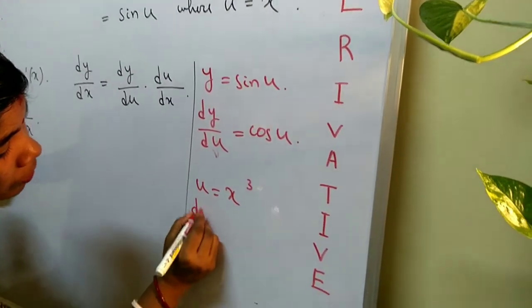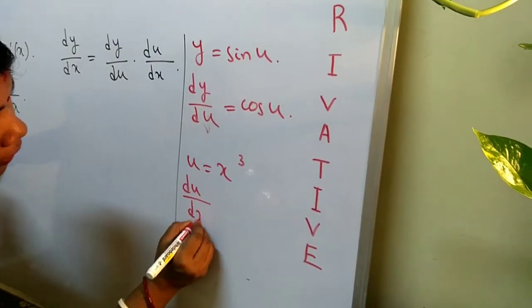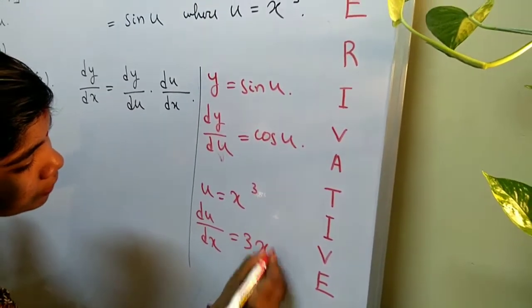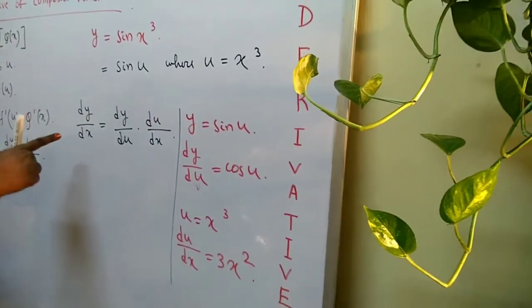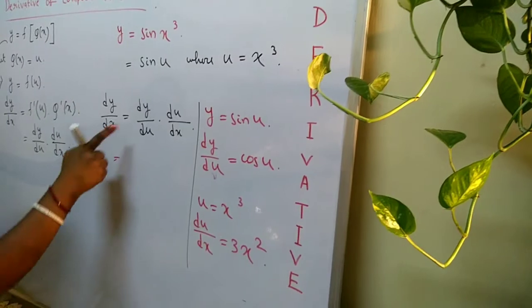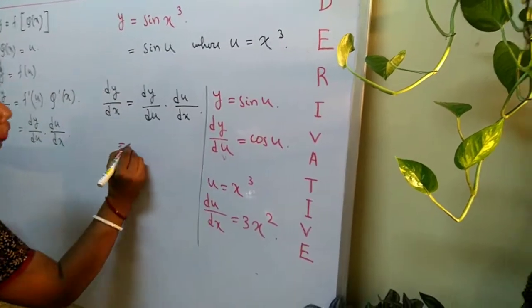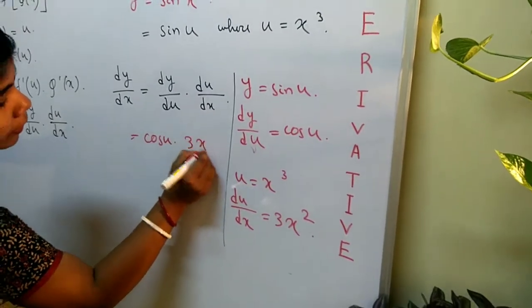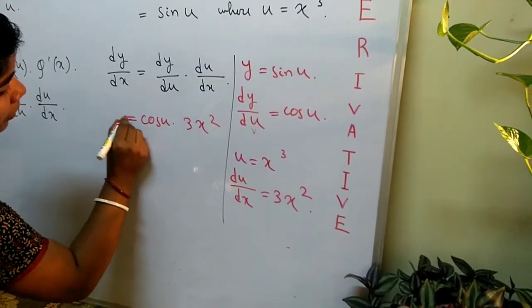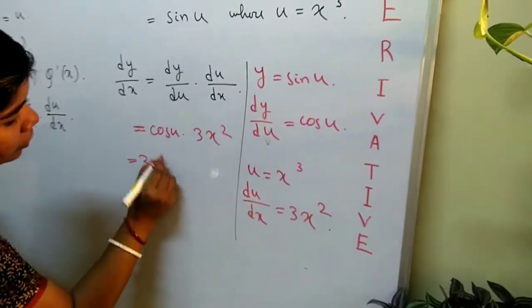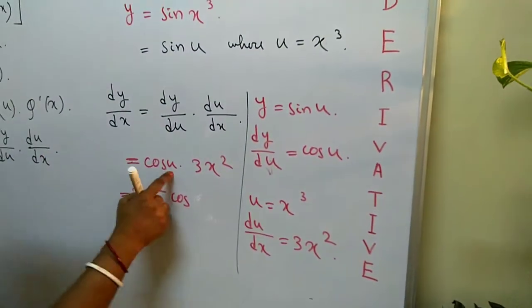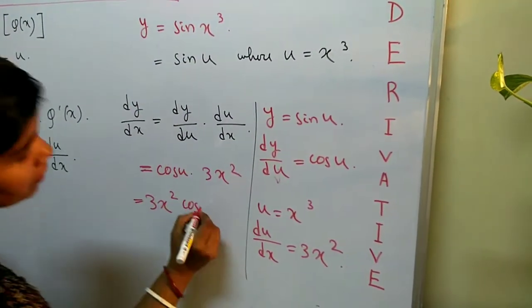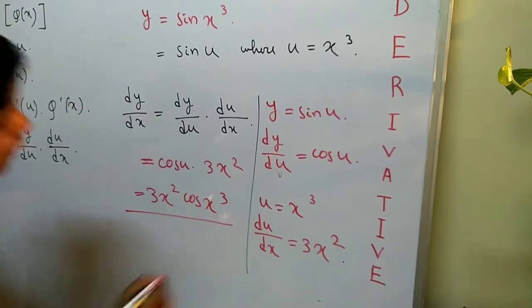So derivative of u with respect to x is equal to 3x square. Therefore, dy dx equal to dy du, that is cos u, into 3x square. So it can be written as 3x square into cos u, and u is x cube. So this is the result.